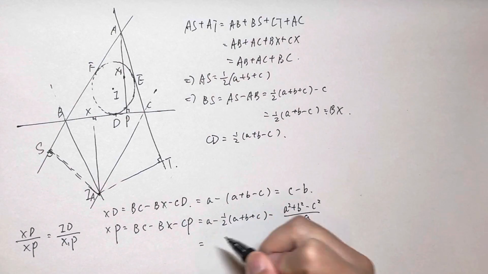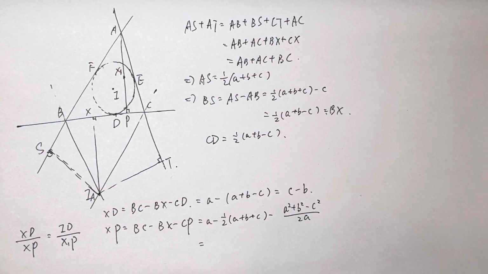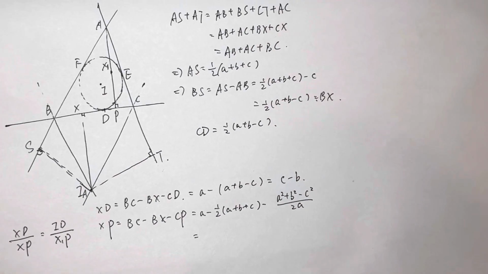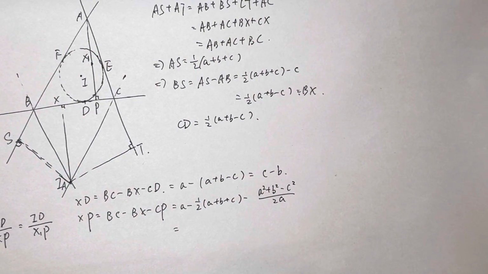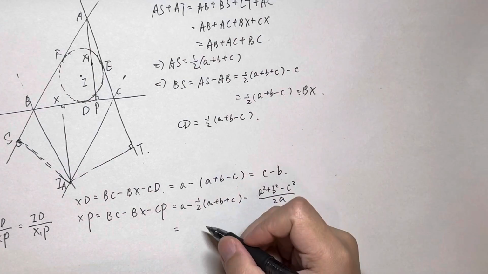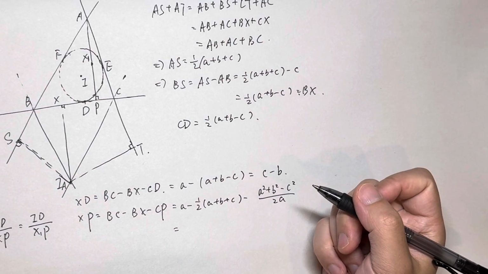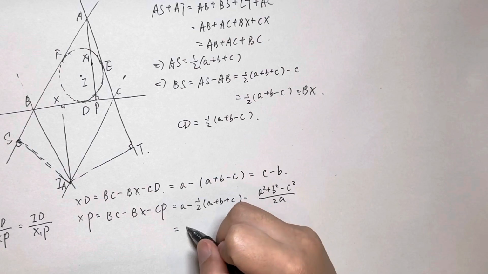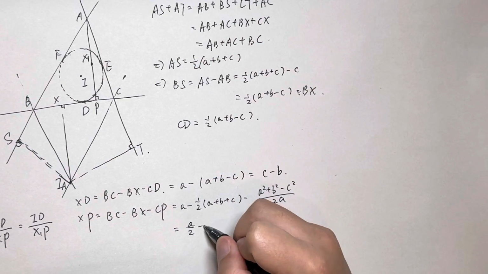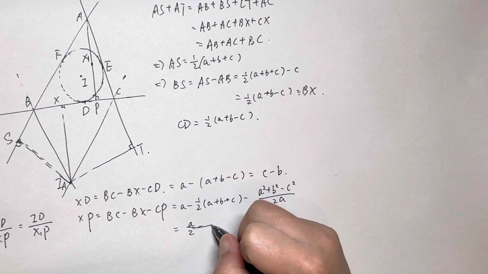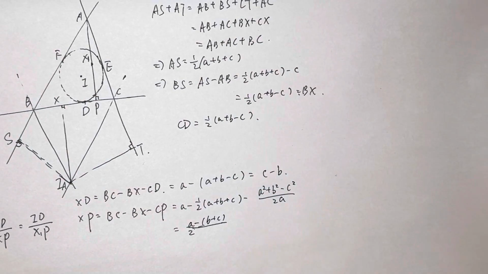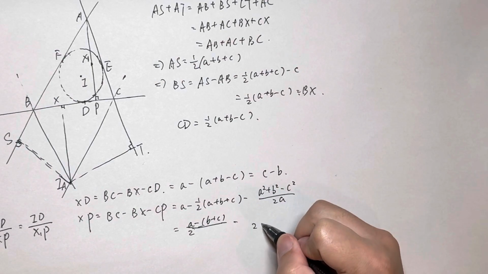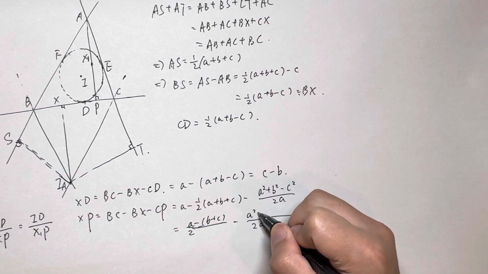So it equals half of a minus b plus c, and minus this one.